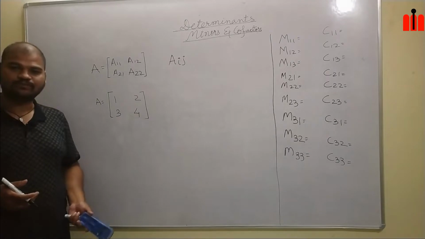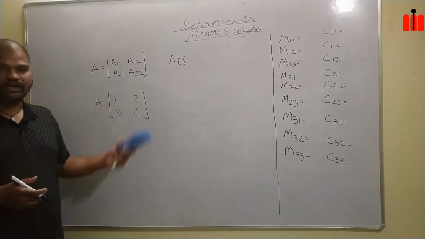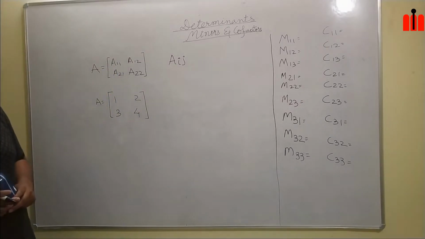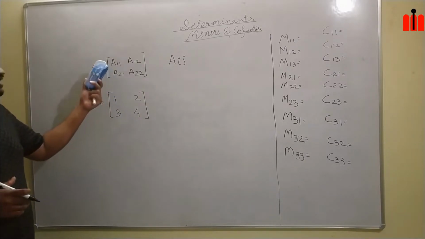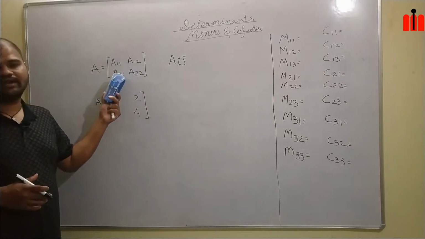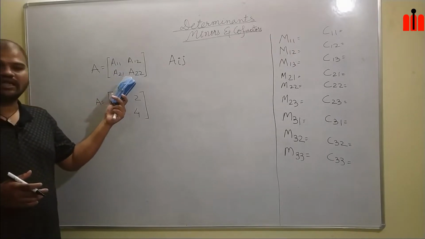We have taken a matrix A of order 2 by 2, 2 rows and 2 columns. There will be n by n minors possible in this. How many elements are there? n by n elements.